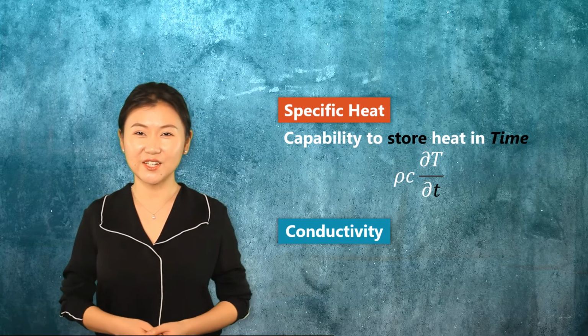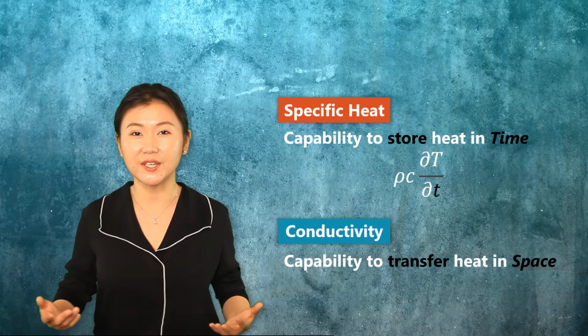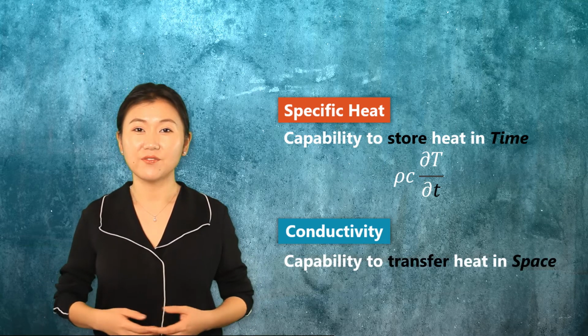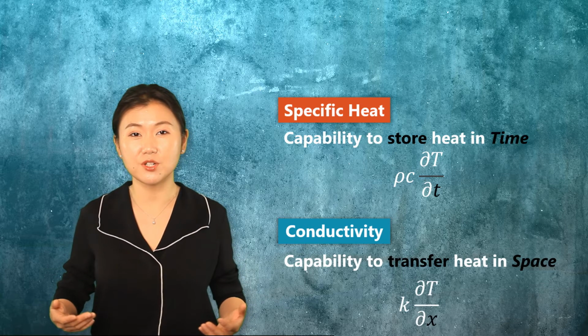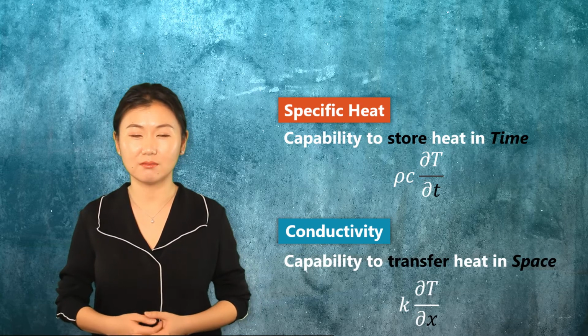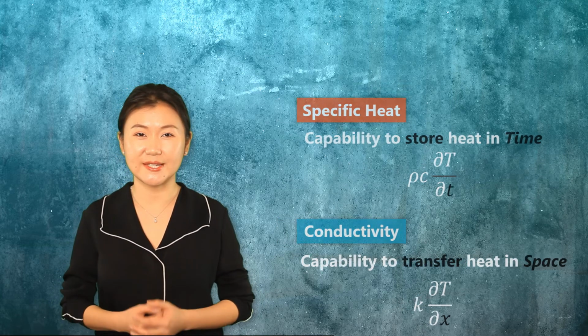For thermal conductivity, on the other hand, it is the capability of a material to transfer heat in space. In Fourier's law, the thermal conductivity is multiplied with the variation of temperature with spatial coordinates. Both aspects should be considered by engineers in thermal design.